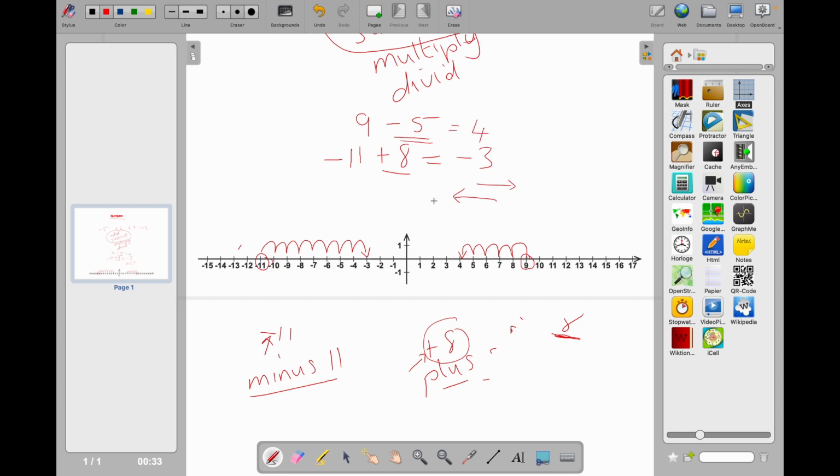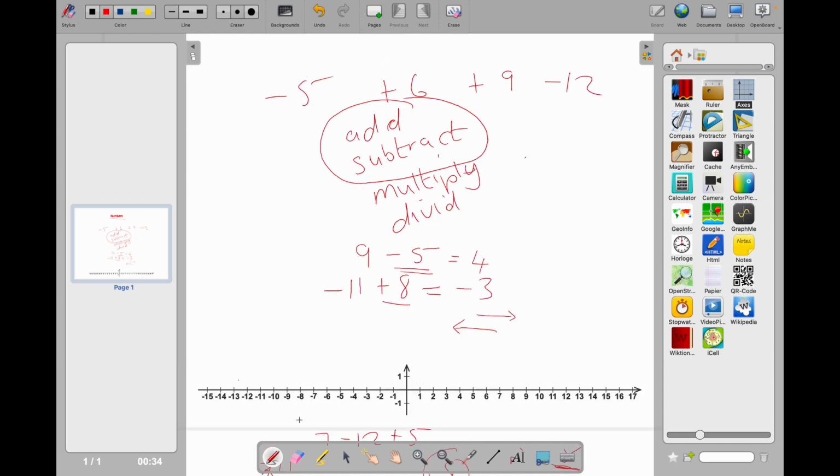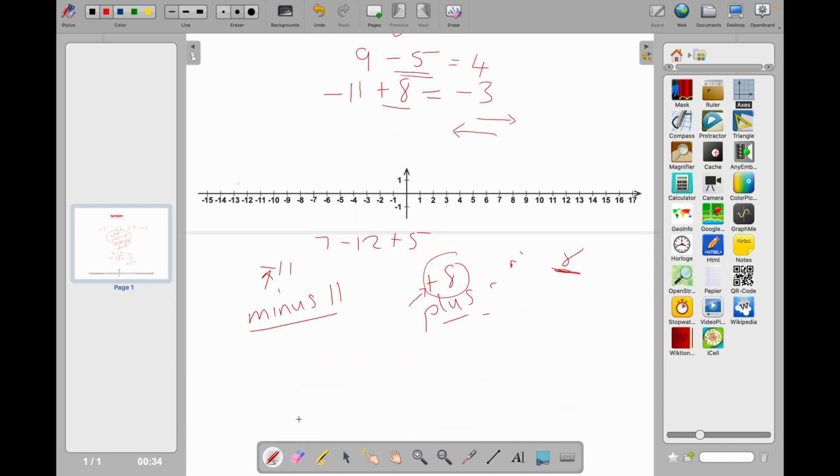Okay, let's find another one. Let's say that we have a problem like 7 - 12 + 5. First let's clean our number line so that we can make it easy for us. Here is what you do.